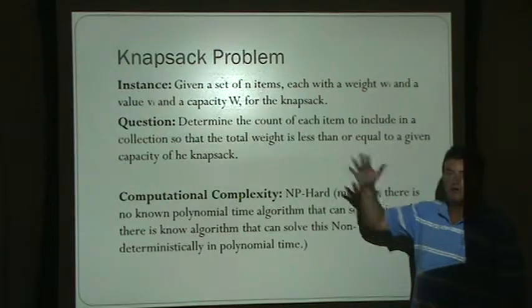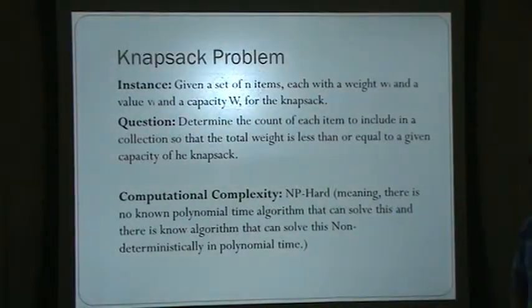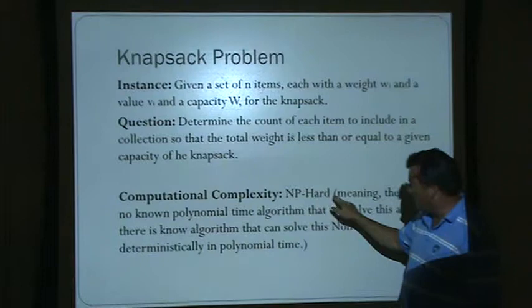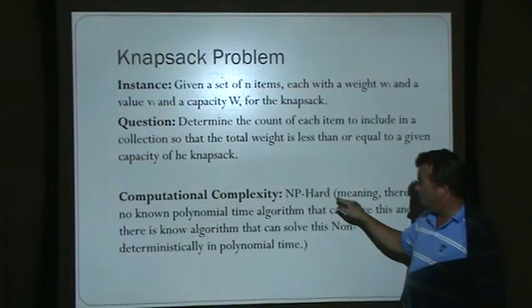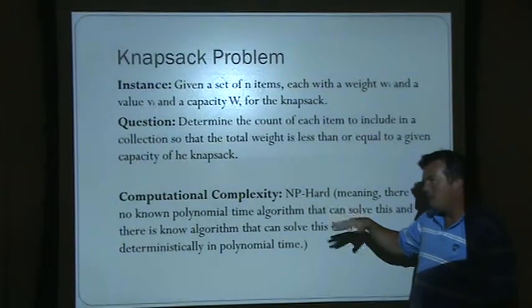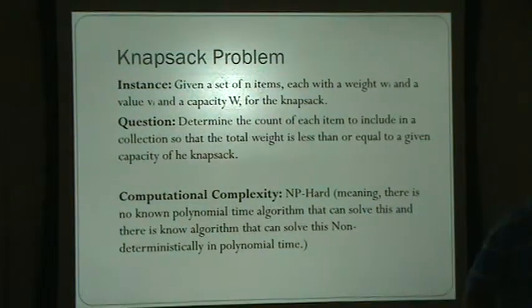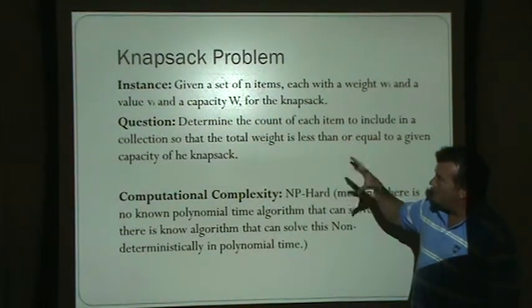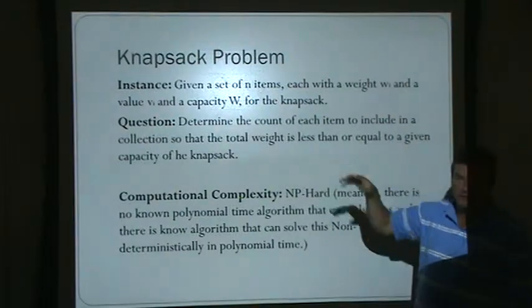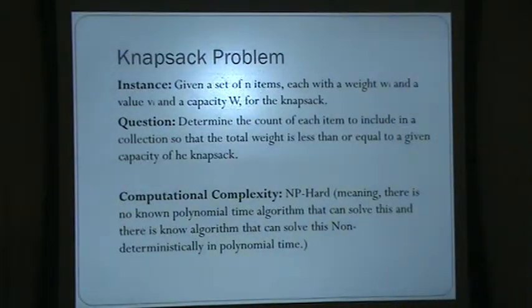It might be even harder than that class. So a better name might have been harder with an ER on the end. If it said NP harder, or NP possibly harder, something like that. I don't know if there is a right way to say this, but this problem is as hard as NP-complete problems and possibly harder. That's what NP-hard means.